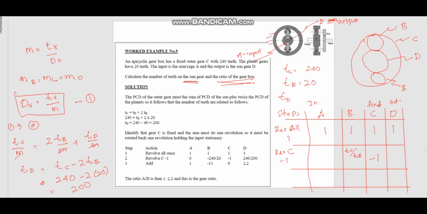So the sign here is also minus, similar to C. The value is minus TC over TB, which is 240 divided by 20. I'm going to erase this.